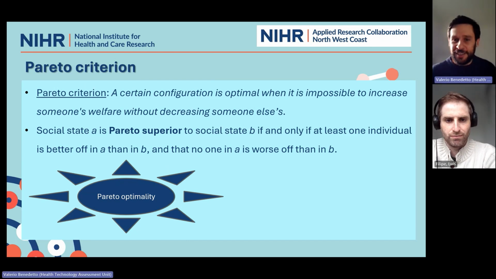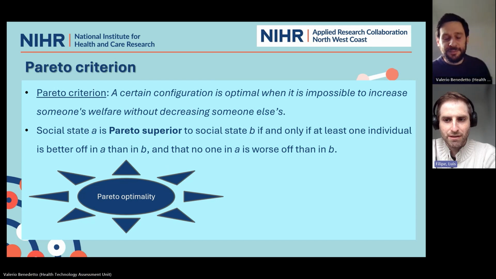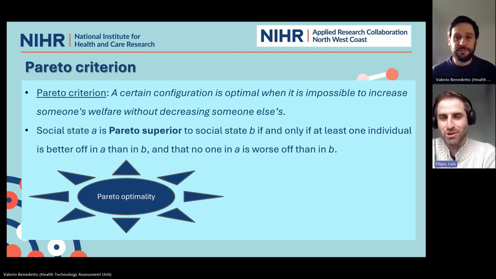Now, Luis, again, do you see some limits to this approach, Pareto superiority, Pareto optimality? I would guess that the problem is that most of the time it will not be possible to not have someone lose. Just thinking about politics, whenever you make a political decision, most of the time you need to take from someone to give to another one.